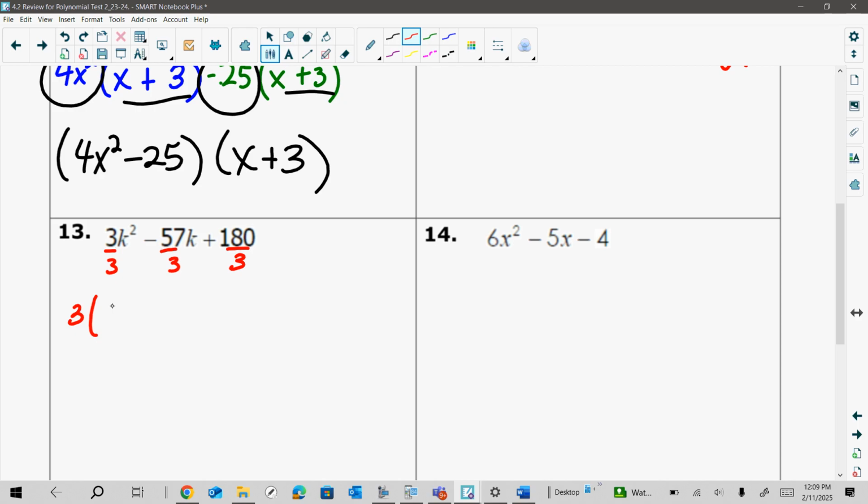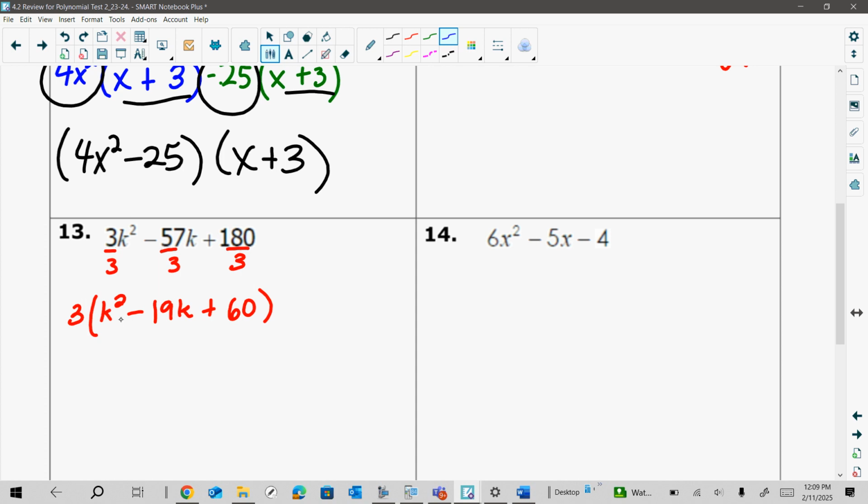If I divide the first term by 3, we get k squared minus, what's 57 divided by 3? 19k. Then plus 180 divided by 3, 60. So now we still got 3 terms.